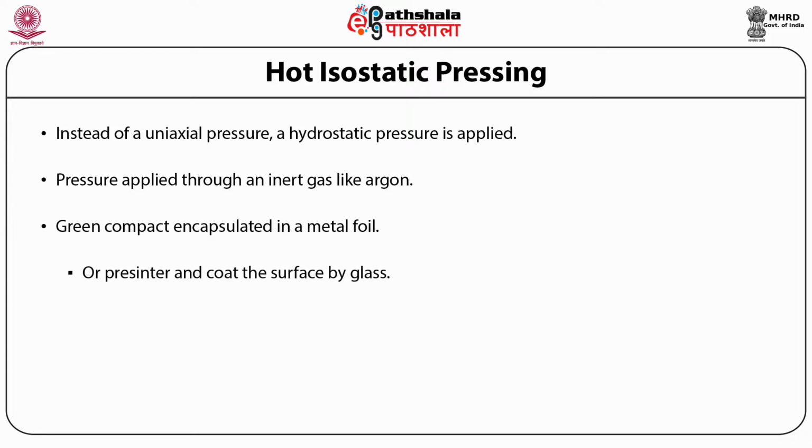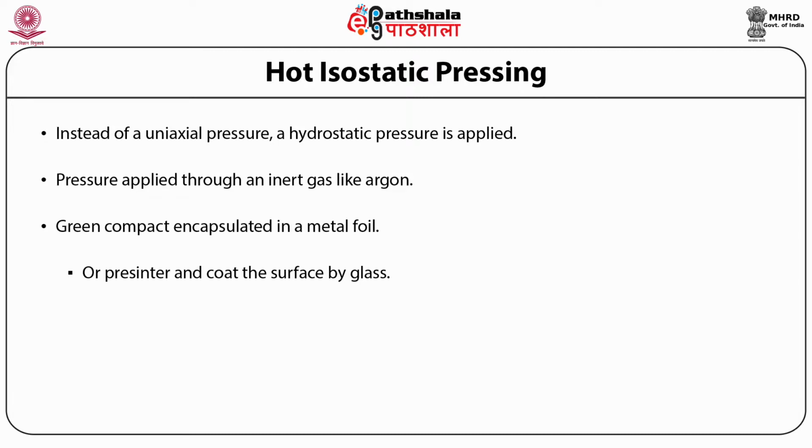Alternatively, pre-sintering of the part can be carried out to make it strong enough for handling, and coating it with glass powder, which at high temperatures forms an envelope around the part, makes encapsulation-free hot isostatic pressing possible. Often a part is first sintered in a pressureless manner and then subjected to hot isostatic pressing to remove the remaining porosity and to achieve dimensions with a very good tolerance.